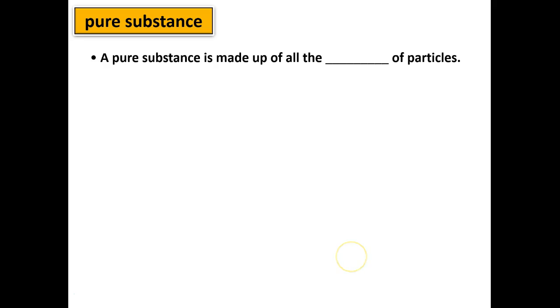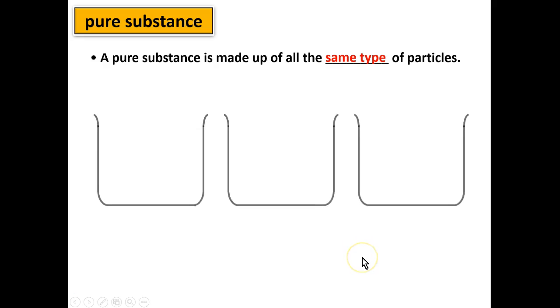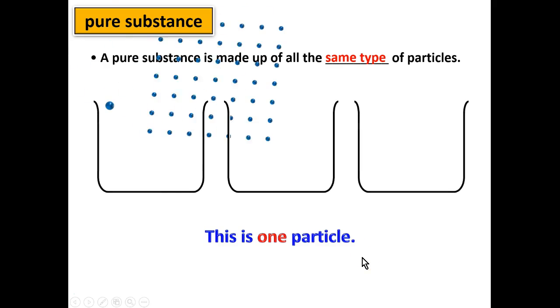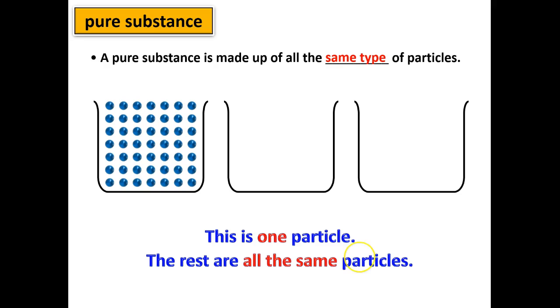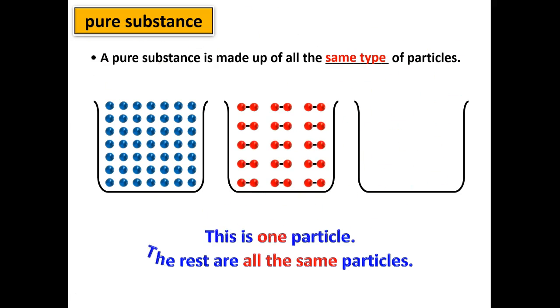Pure substances are made up of the same type of particles. So the same type of particle throughout the entire substance. So if we look at some examples, one particle, the rest are all of the same. Again, one particle, the rest are all of the same types of particles.